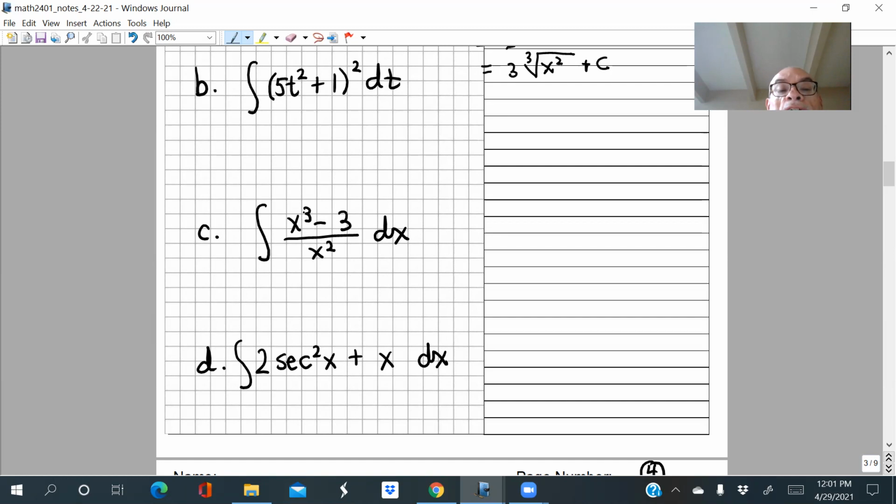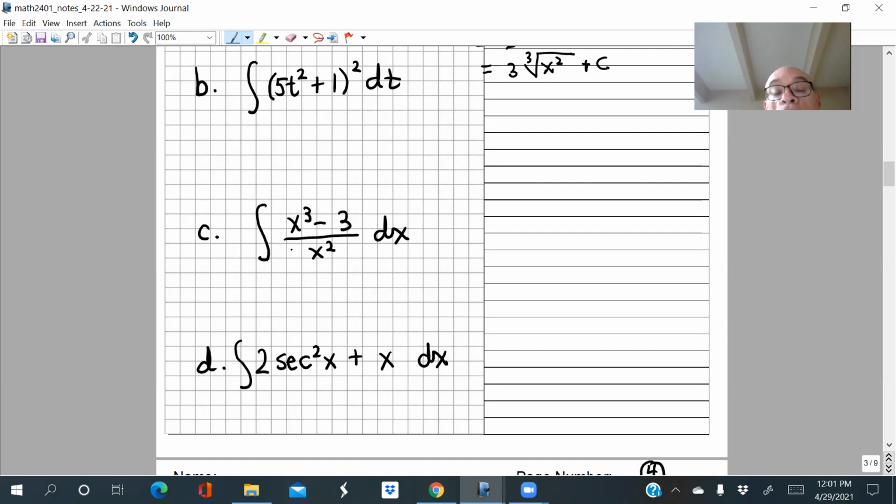Okay, and you're going to find out that actually in many cases, integrating fractions like this, where you have x's in the numerator and x's in the denominator, sometimes those are really hard, okay? There are lots of fancy techniques that we can use to integrate fractions like this one.